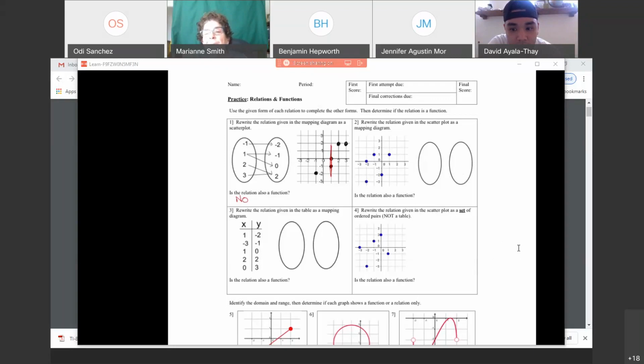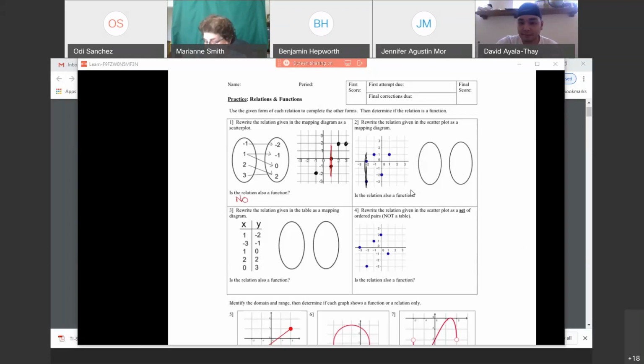How do you know? Well, it does pass the vertical line test, right? Is basically what you're saying. Oh, wait a minute. What about here? Okay. Doesn't pass the vertical line test there, right?